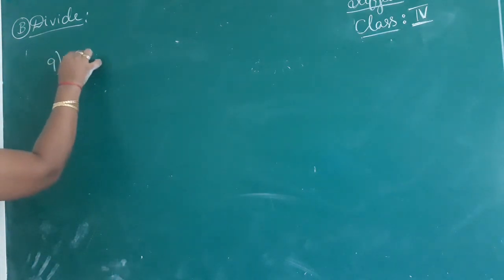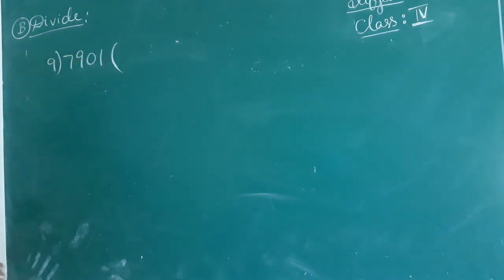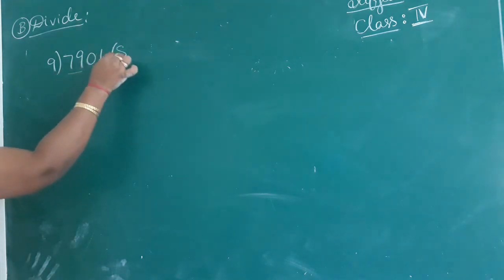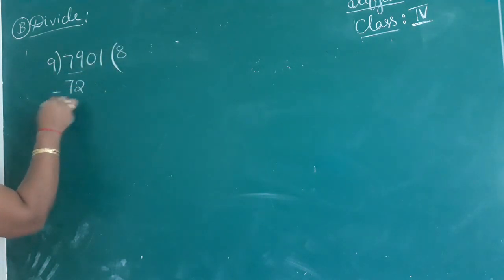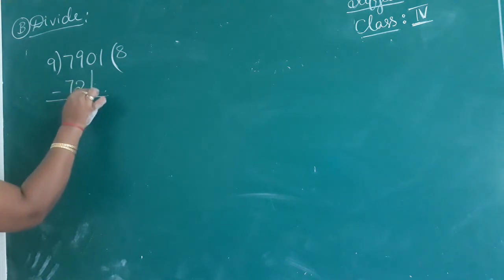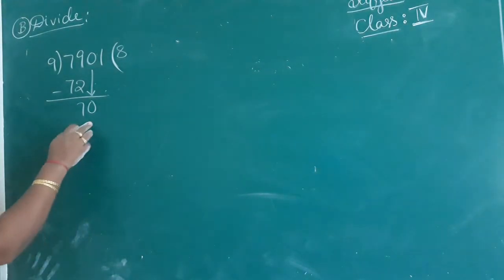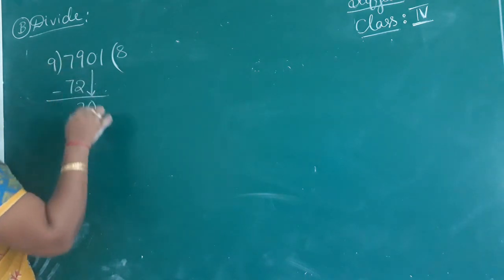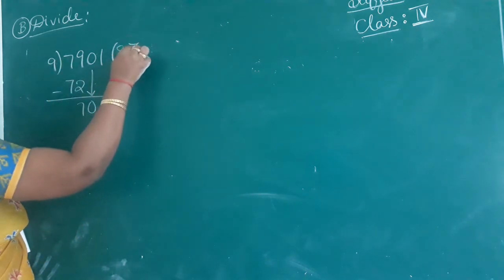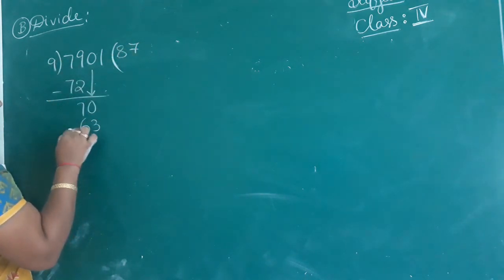9 divides 7901. In 9 table which comes nearer to 79? 9 8s is 72. Remainder 7. Drop down 0. 70 it is. 9 table which comes nearer to 70? 9 sevens 63.